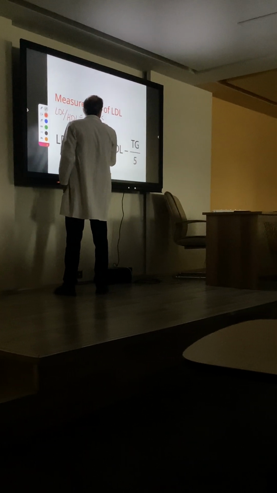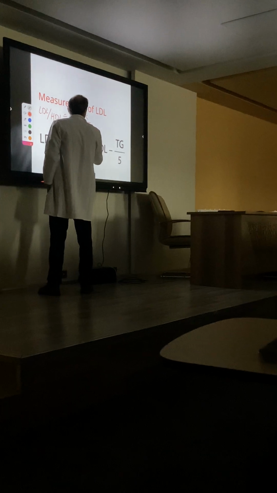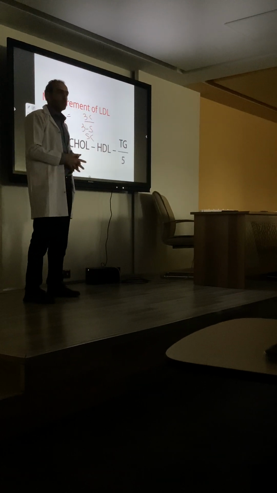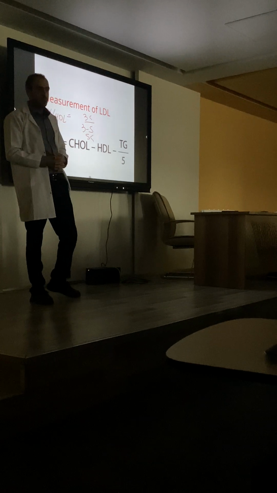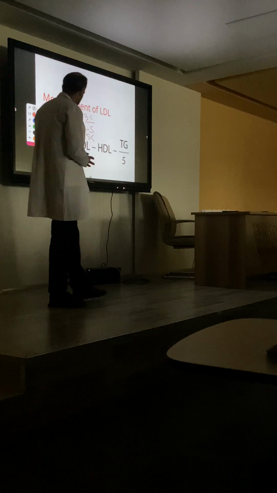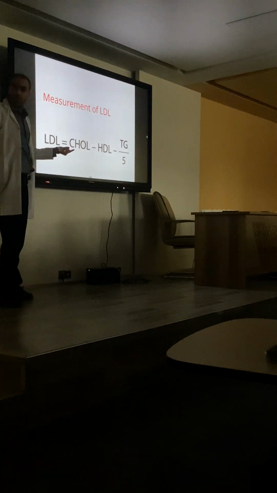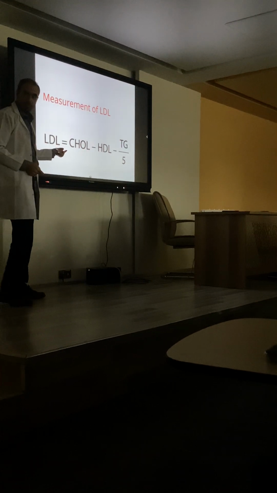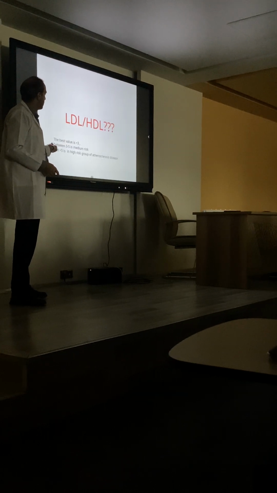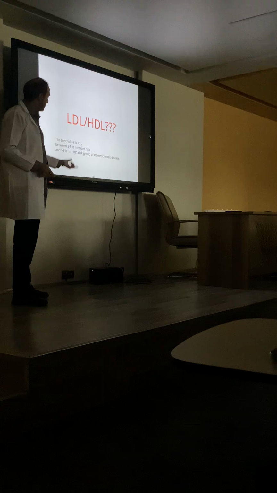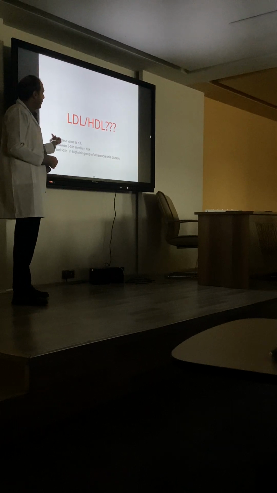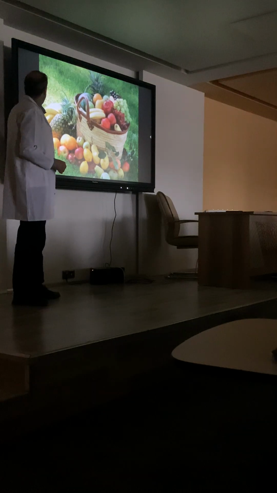Between 3 and 5, medium. More than 5, high risk. You should report these numbers also. It's the whole experiment today. If you have any question, it was a ratio. You got it? For LDL to HDL ratio, the best value is less than 3.